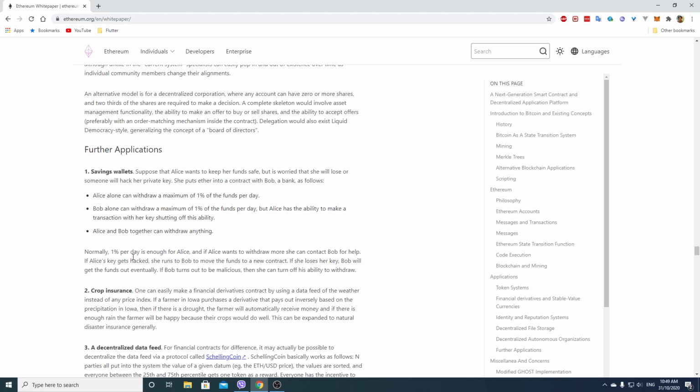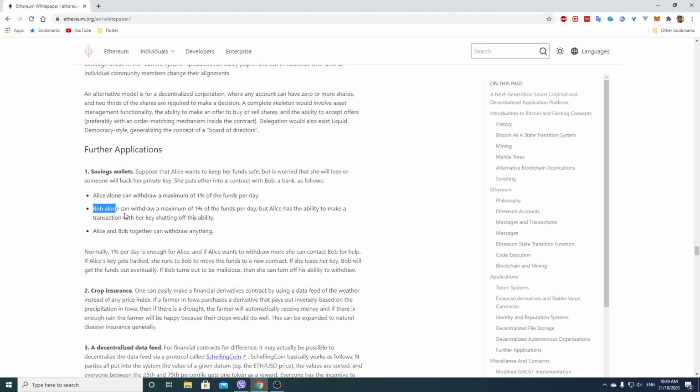Okay. So it's like an account that has 2 signatures required. So it's a multi-sig account. So if you have 2 signatures, you can withdraw anything. But if you only have 1 signature, you have a cap of 1%. Except that Alice can also shut off Bob.